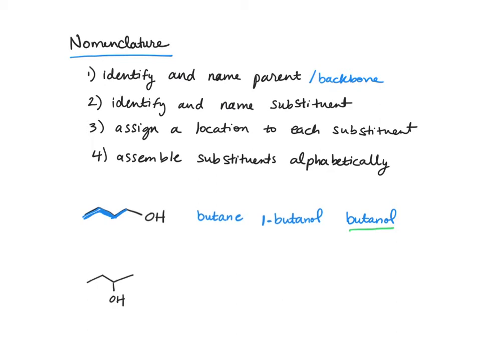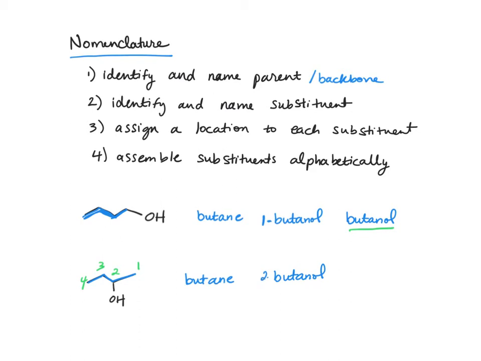In the second example, we still have 4 carbons in our backbone, so we're still going to go with butane as the parent. And then we want to go with butanol to show that it's an alcohol. And this alcohol is in the 1, 2, 3, 4, it's in the second position.